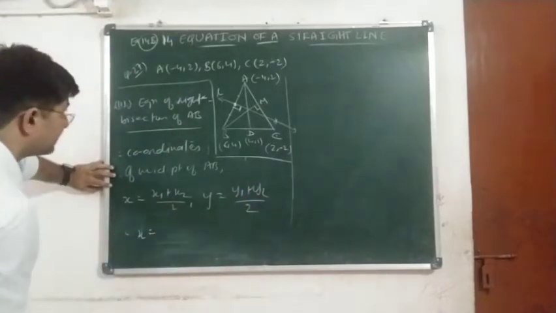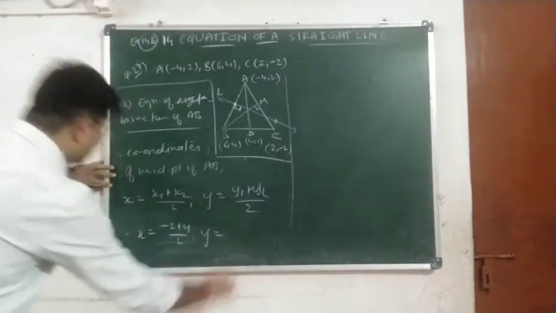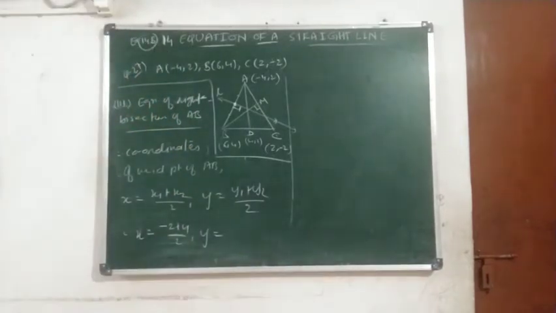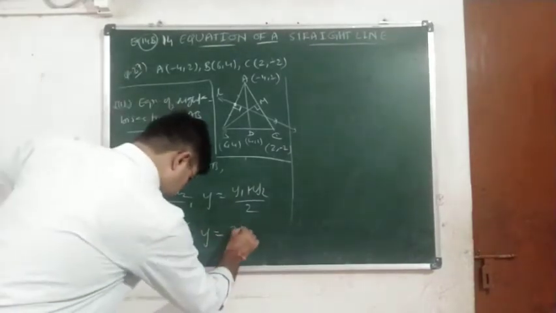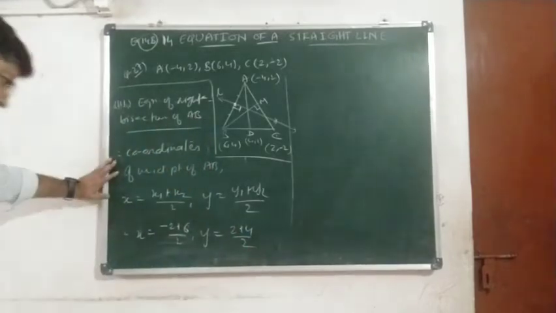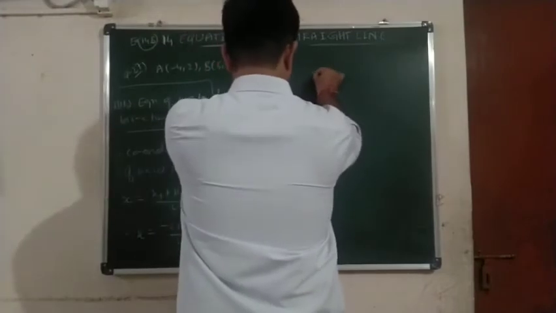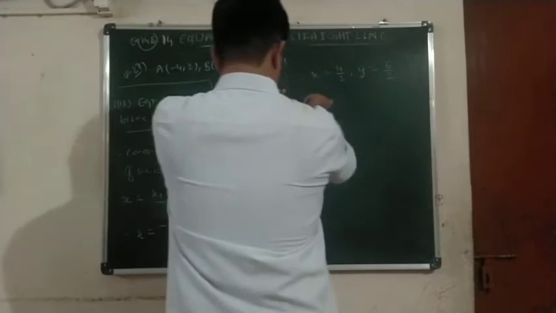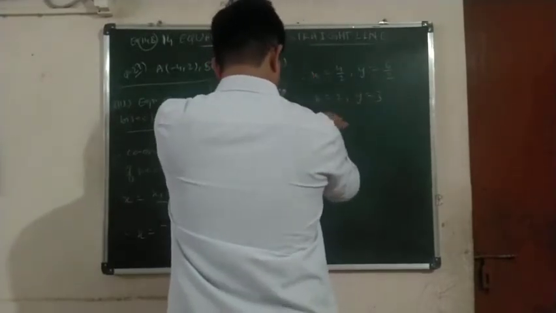Therefore x is equal to minus 2 plus 4 by 2 and y is equal to 2 plus 4 by 2, so 2 by 2 and 6 by 2... Therefore x is equal to 2 and y is equal to 3.